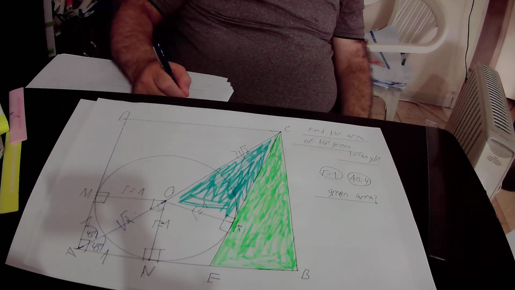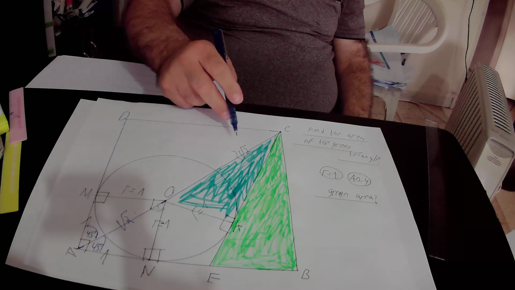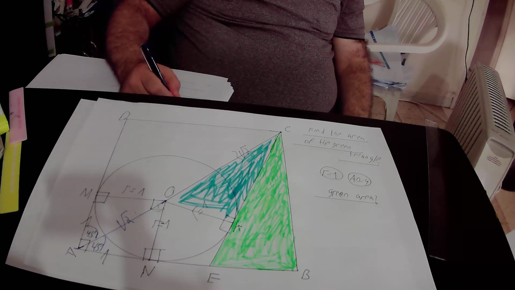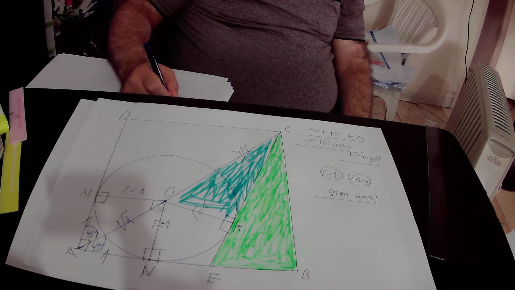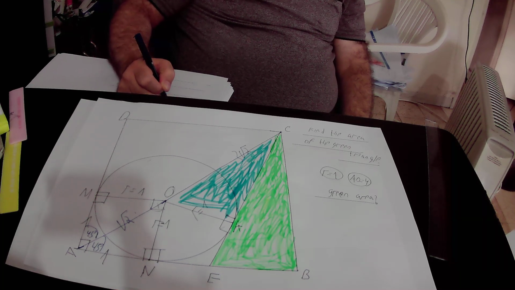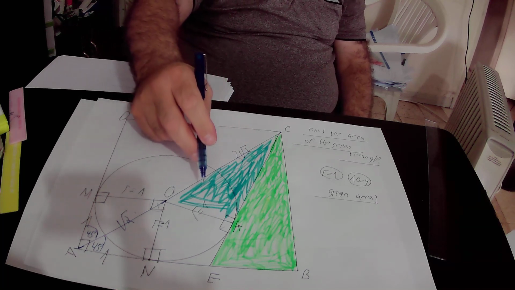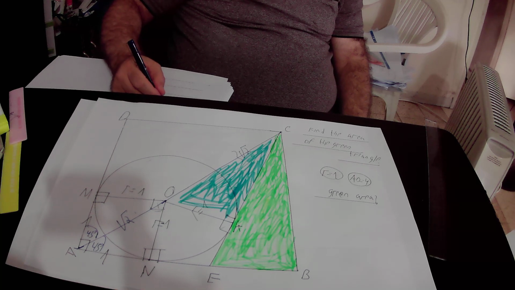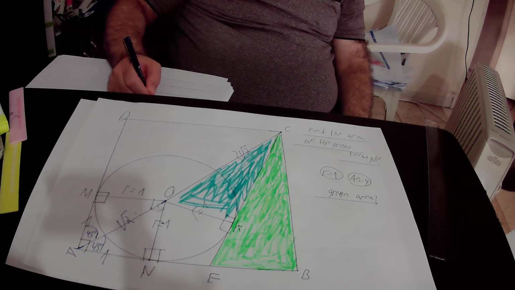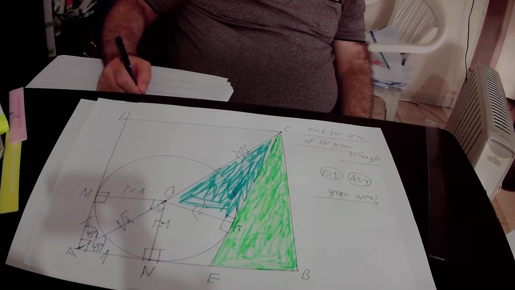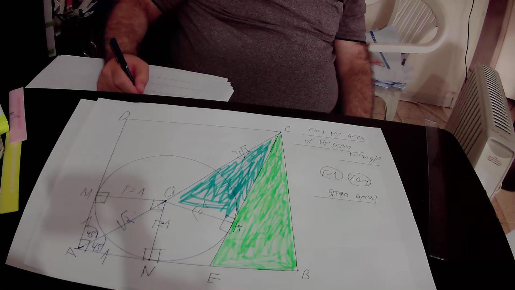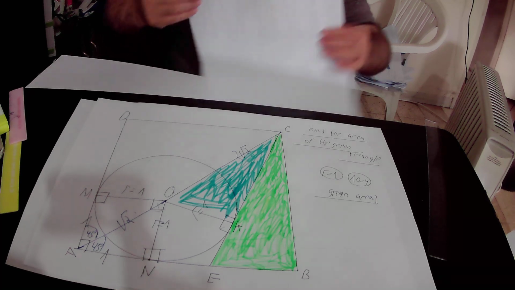But we have already found out that CO equals 3 times square root of 2. So 3 times square root of 2 squared equals OK squared. OK equals 1, so OK squared is 1 squared, which is 1, plus CK squared. I'll repeat again.